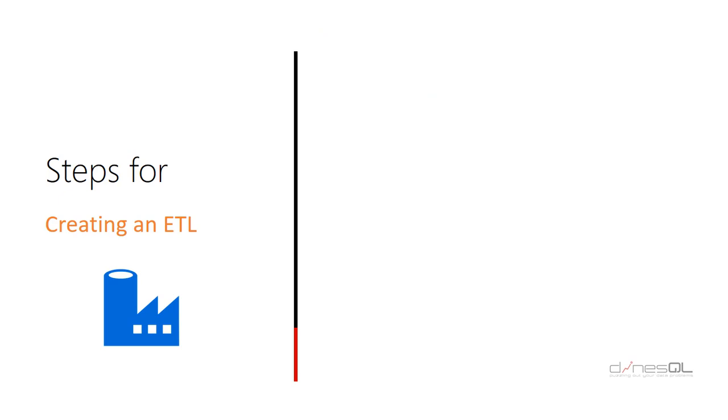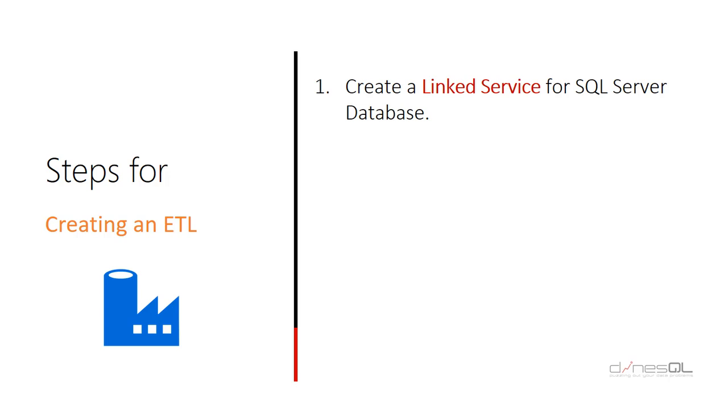Okay, let's see what the steps are for creating a pipeline using the Author tab. First of all, we need to create link services for whatever sources we are going to connect with. We know that we are going to extract data from SQL Server, which is an on-premise SQL Server database, so we need to create a link service for that. But in order to connect with the on-premise SQL Server database, you need to have a self-hosted integration runtime installed.